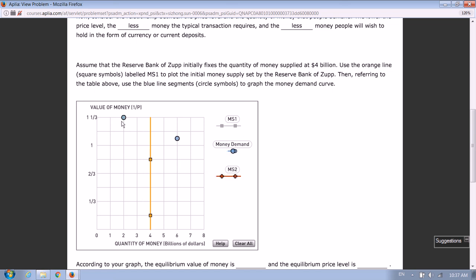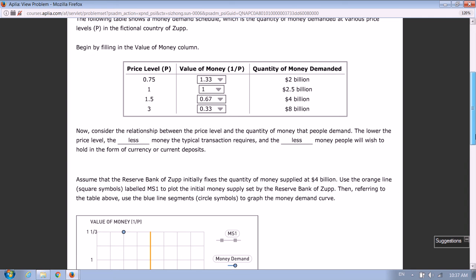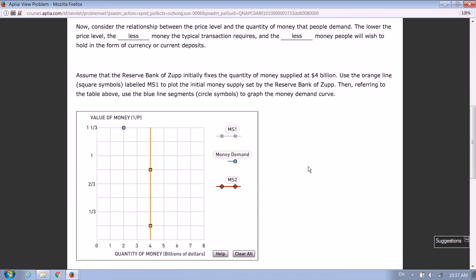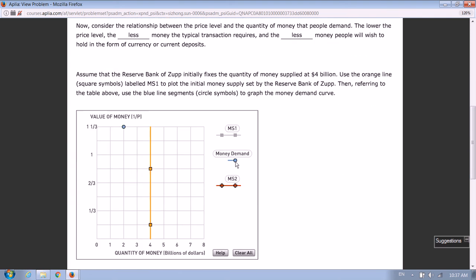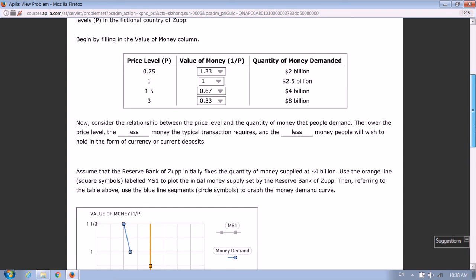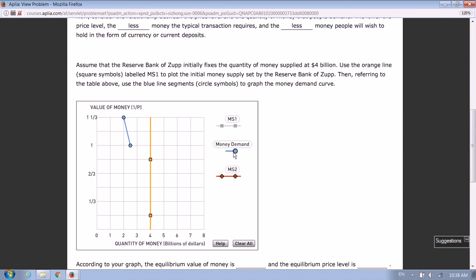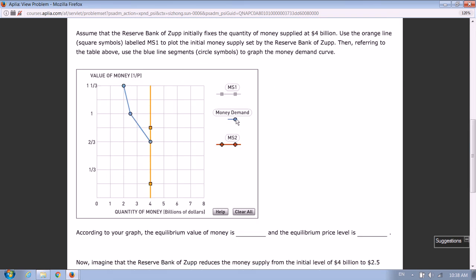When the value of money is 1.33, quantity demanded is 2 billion. When it is 1, quantity demanded is 2.5 billion, when it is 0.67 it is 4, and when it is 0.33 it is 8. Okay, so that's money demand.